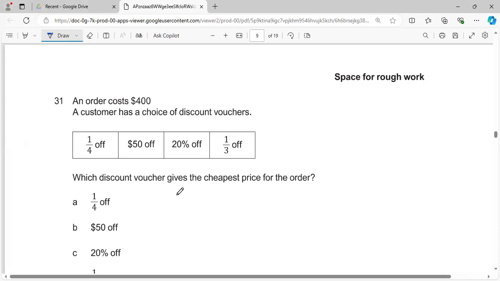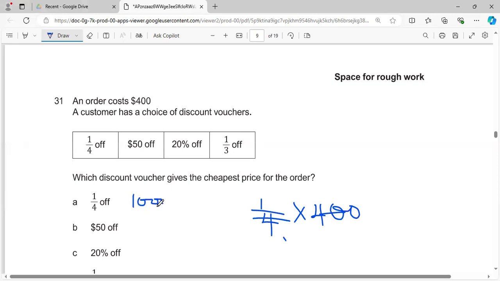Everybody agree with that? So it would be a quarter times 400. It should give you $100, because you divide 4 into 4, 1, 4 into this. So if it's a quarter off, you get $100 off.